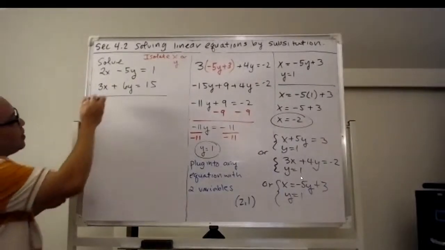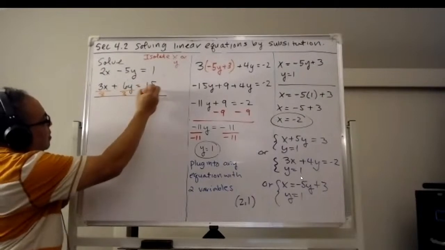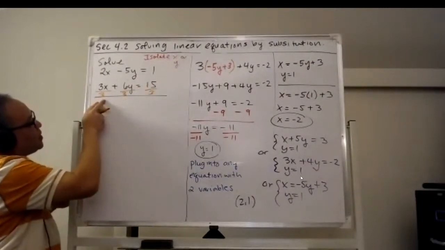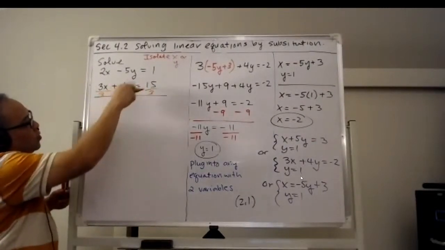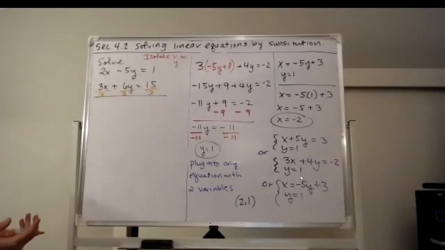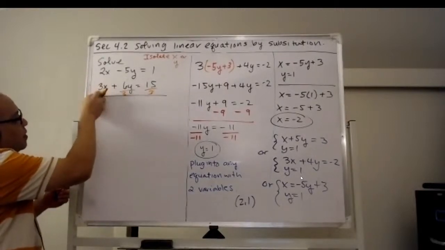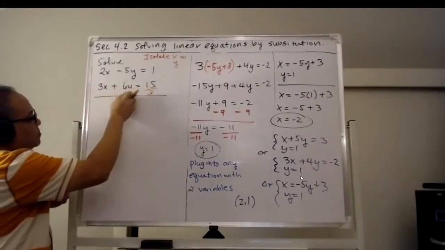Let's say I go down over here. Now, when I divide all 3 of these terms, I'll get whole numbers, I'll get integers, which is great. I love integers. I hate fractions. So let's isolate this one, the x on the bottom.